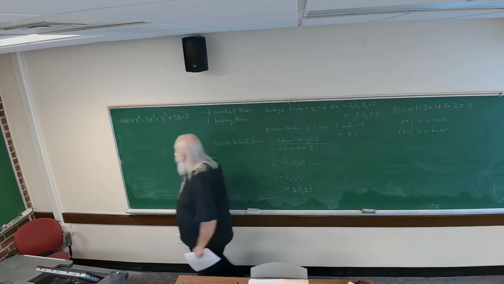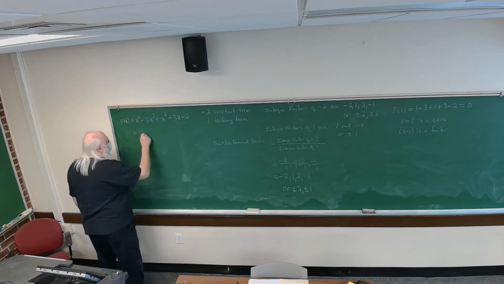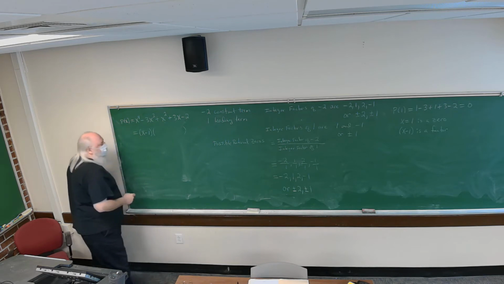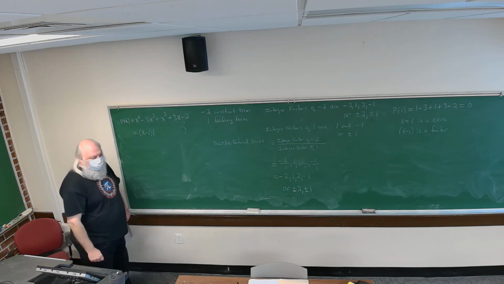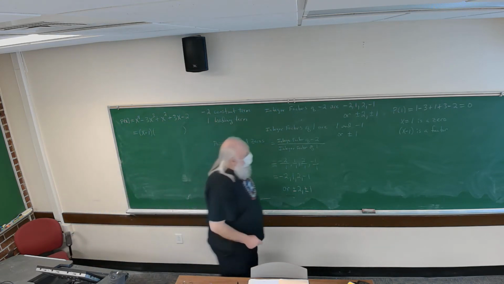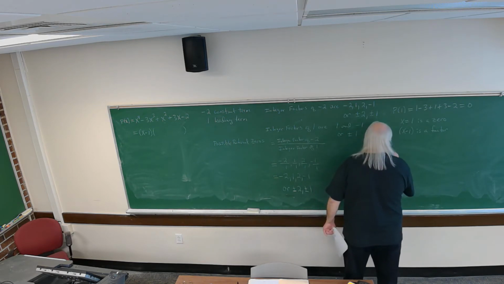Okay. So our 4th degree polynomial over here can be written as x minus 1 times some 3rd degree polynomial. Well, I also checked minus 1, to see if it was 0.